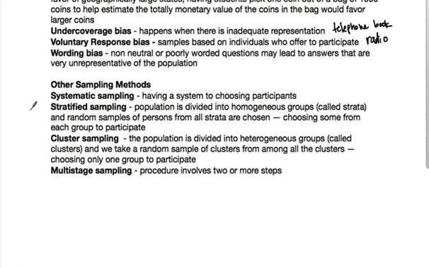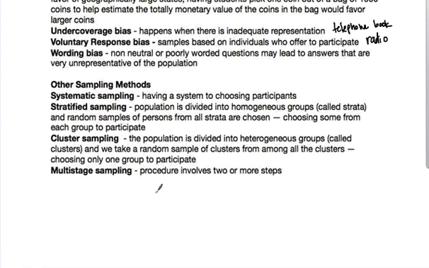So this is basically choosing some from each group to participate in your sample. In a cluster sample, the population is divided into heterogeneous groups called clusters, and you take a random sample of clusters from among all the clusters. So it's basically like choosing one group to participate.